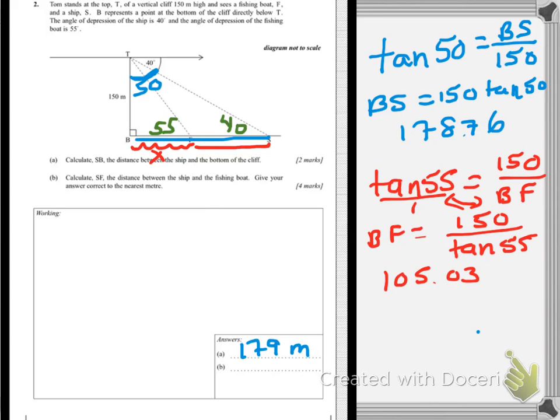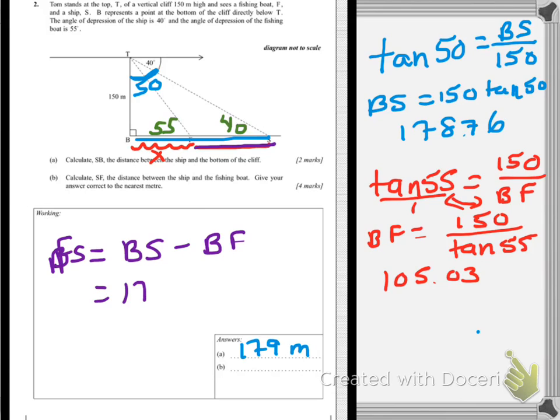Okay, so now let's go to a third color. Let's try purple. To get this right here, which is what they want. So do you see that FS is going to be equal to BS minus BF.